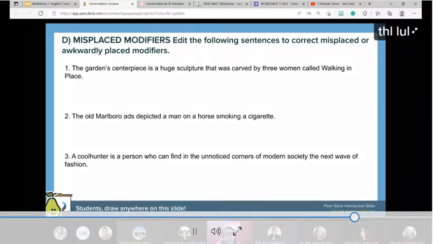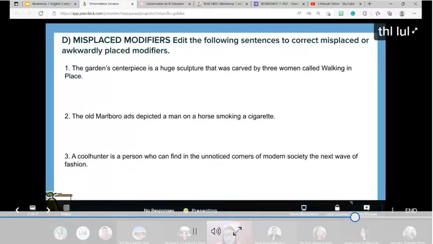The garden centerpiece is a huge sculpture. What is the name of that sculpture? In place.